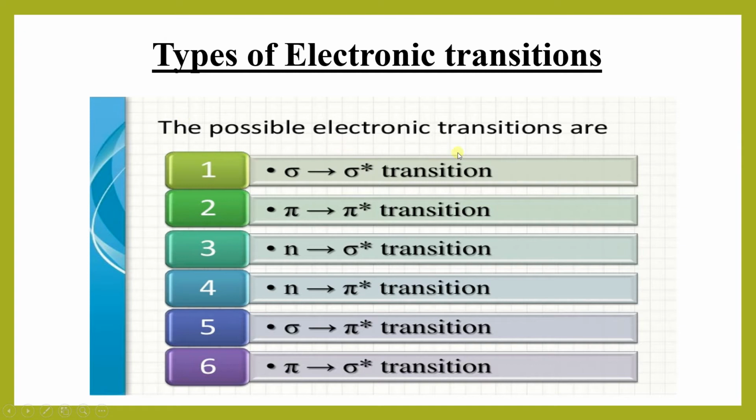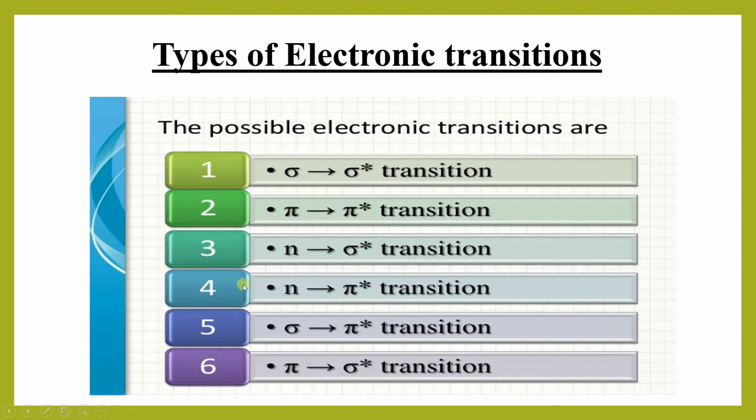So these are the possible electronic transitions: sigma to sigma star, pi to pi star, n to sigma star, n to pi star, sigma to pi star, and pi to sigma star.